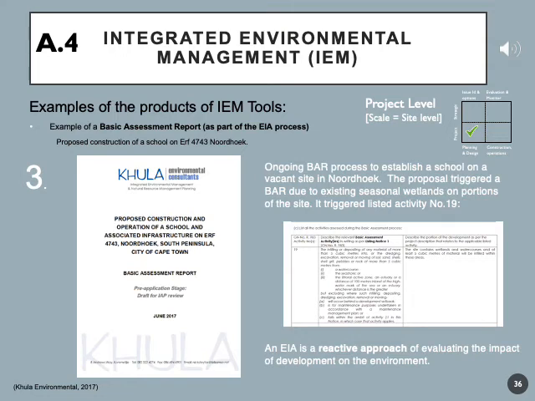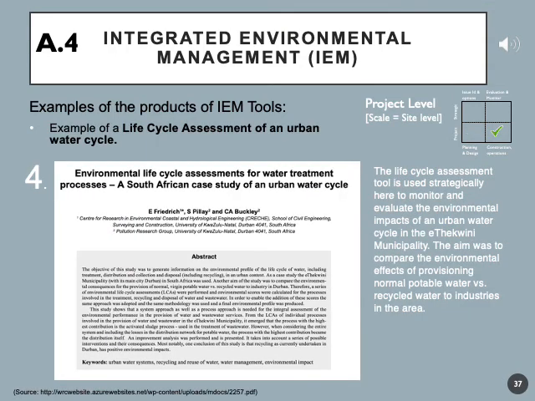So that's why if you look again in the quadrant block, you'll see it's the bottom left quadrant that is applicable here. The fourth tool that I would like to highlight is the life cycle assessment. Again, when we look at our four quadrants, you can see that this life cycle assessment of an urban water cycle in the eThekwini municipality is very site specific. But it is not at the planning and design phase because it's looking at the provisioning of water to industries in the area.